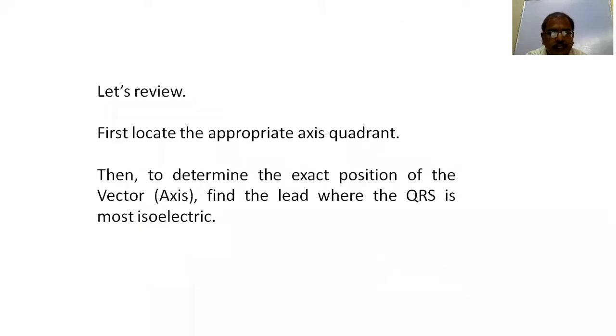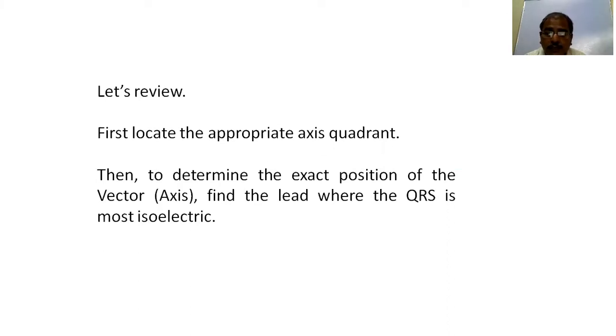So now let us review. First, locate the appropriate axis quadrant. Then, to determine the exact position of the vector, find the lead where the QRS is most isoelectric. So here, remember, you should know the hexaxial reference system.